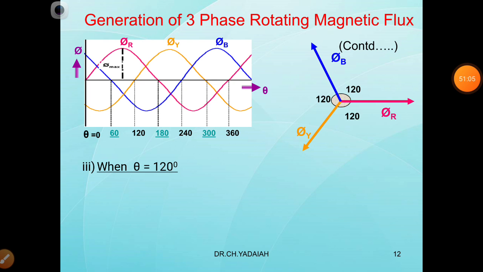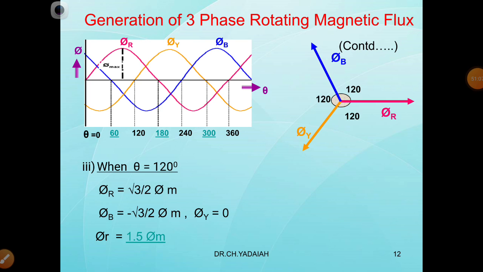So at 120 degrees, what has happened here? Substituting the value theta, phi r is equal to phi m sin 120 degrees. Then what is the value? Sin 120 degrees is sin 90 plus theta. Sin 90 plus theta is equal to cos 30 degrees.